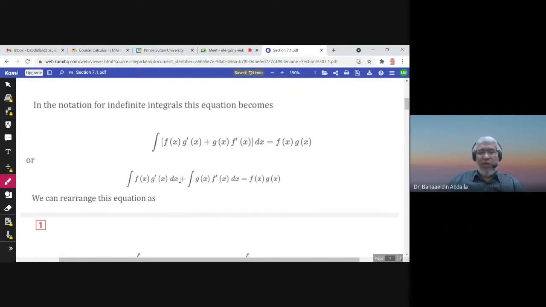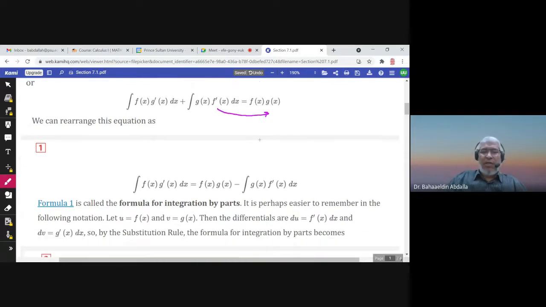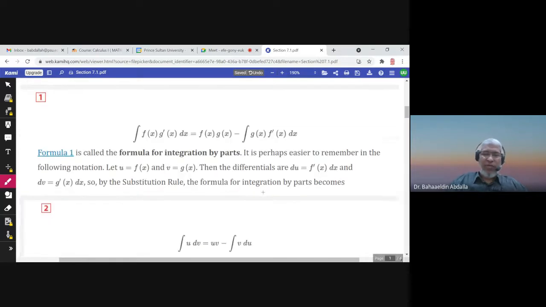So we have two integrals equal to f of x times g of x. If we take one integral to the other side, we have the integral of f of x times g prime of x dx equals f of x g of x minus the integral of g of x f prime of x dx. This is the integration by parts formula.